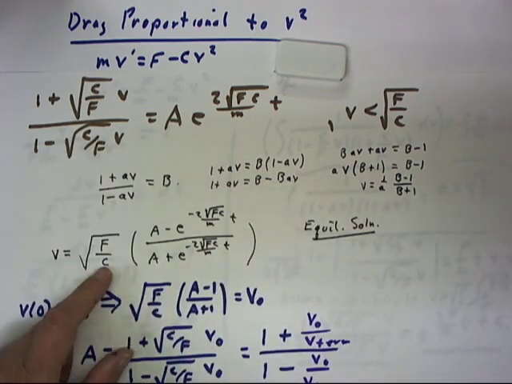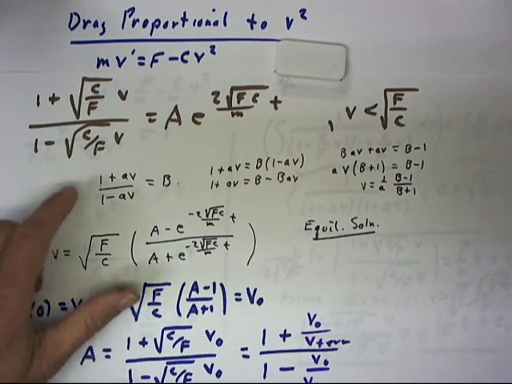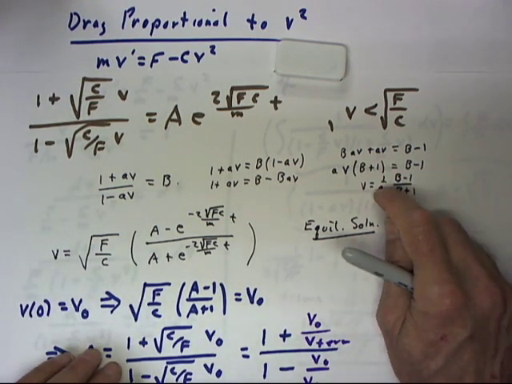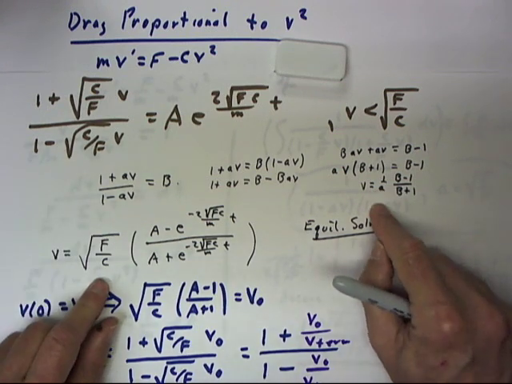Now, applied to this equation, A is going to be the square root of c over F, so that 1/A becomes the square root of F over c.